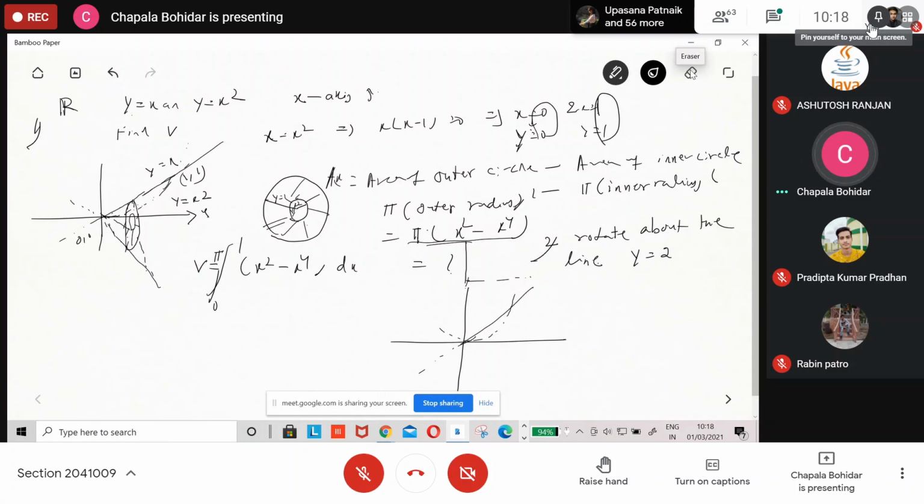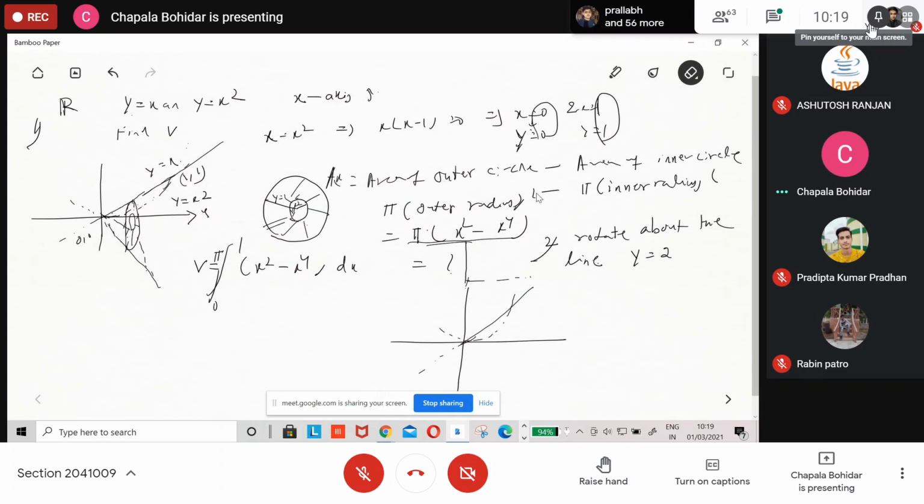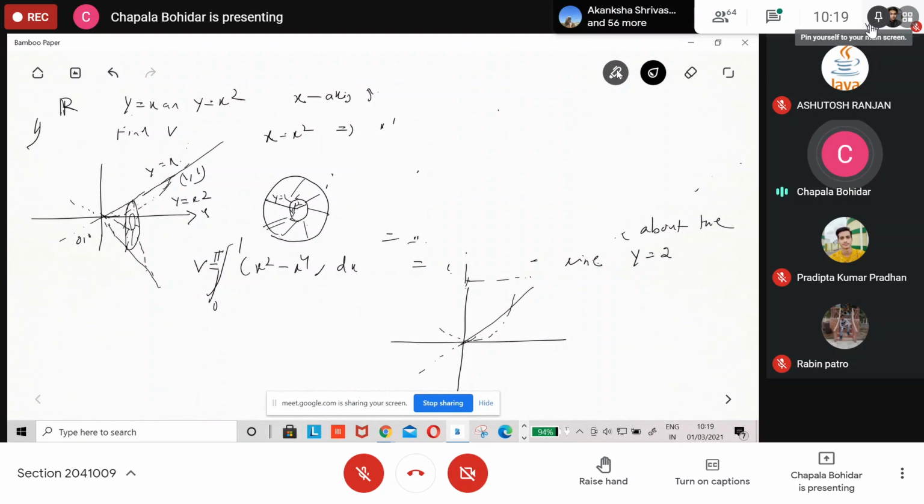I'm going to erase the above part. About the line y equals 2, I'm writing here y equals 2.